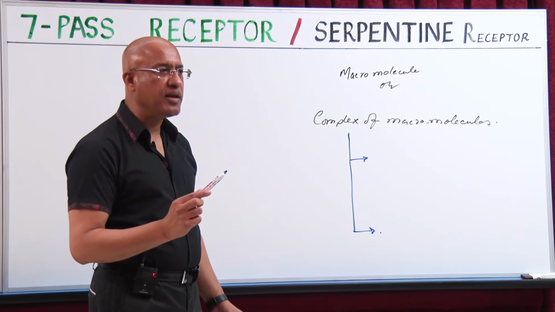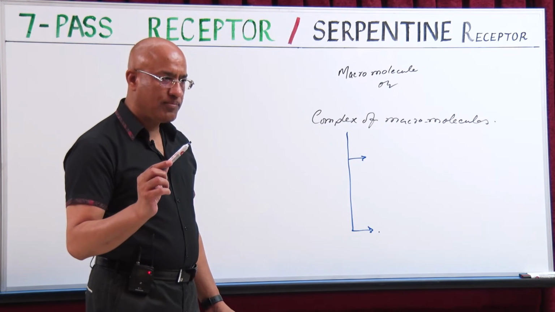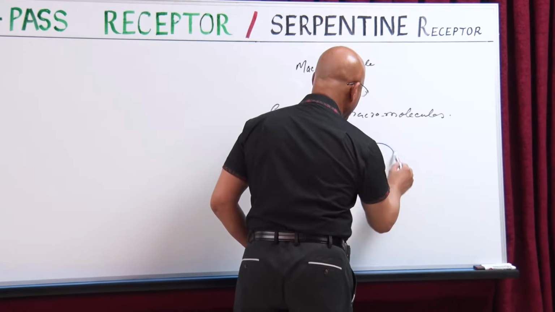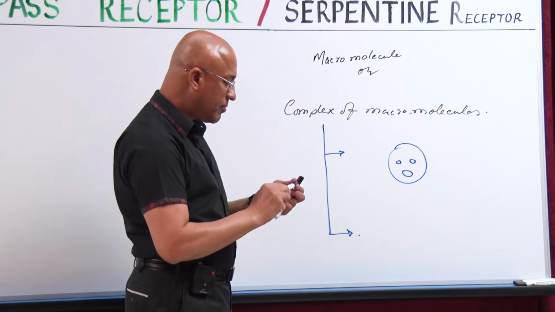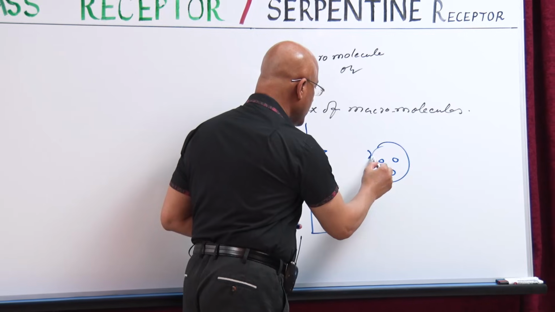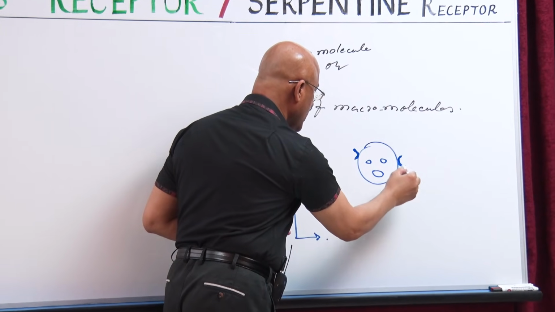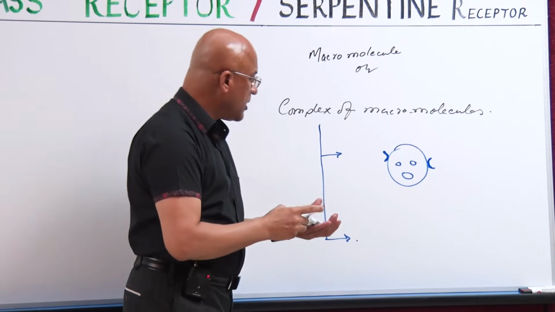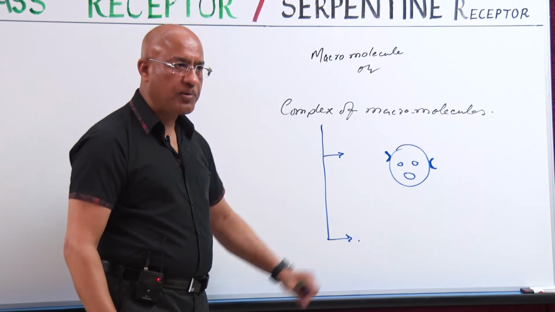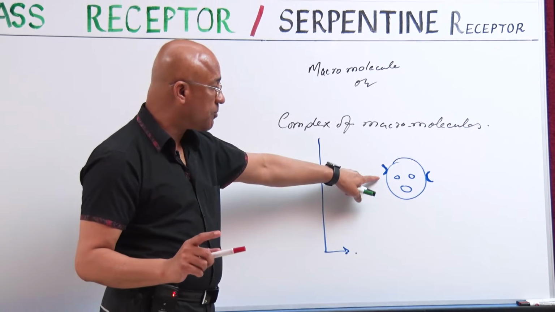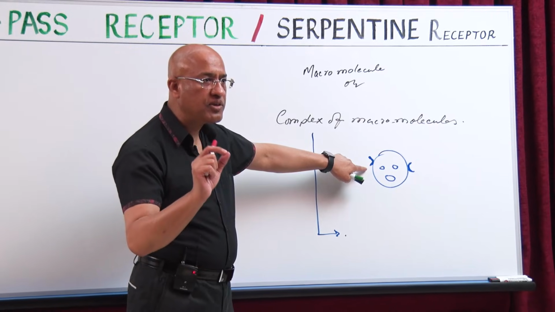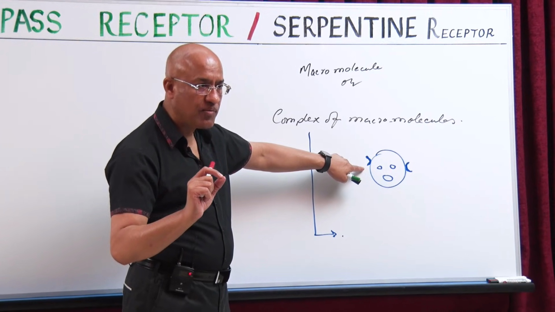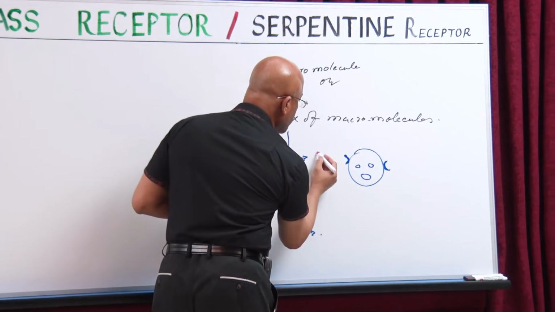Two functional domains mean there should be one domain. For example, let's suppose this is a receptor, right? One site, one domain of the receptor, should be such that a specific molecule can bind there.